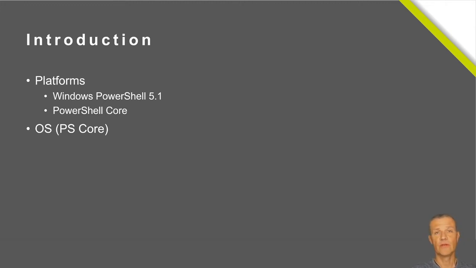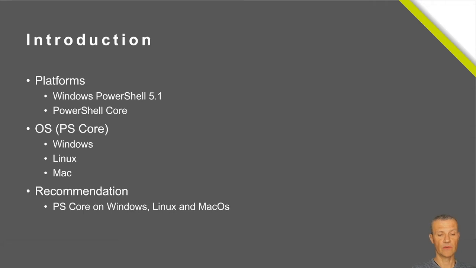And if you're using PowerShell Core, you have the choice between the Windows operating system, Linux, the supported ones for sure, and macOS. As the module itself is just a wrapper around an API, we use mostly the Invoke-RestMethod call, and so it's easy to transport it to the multiple platforms. What we recommend is running it on PS Core, Windows, Linux, or macOS.